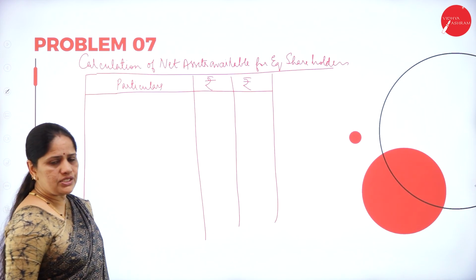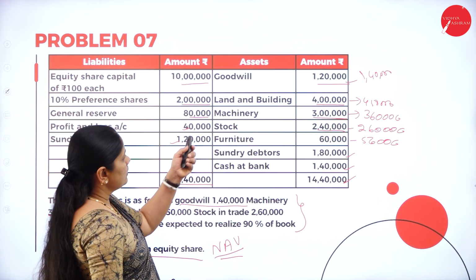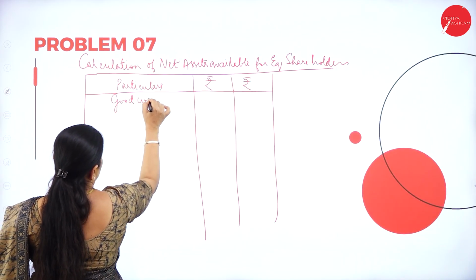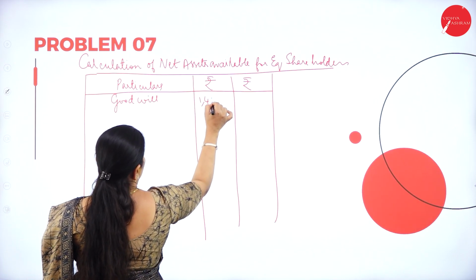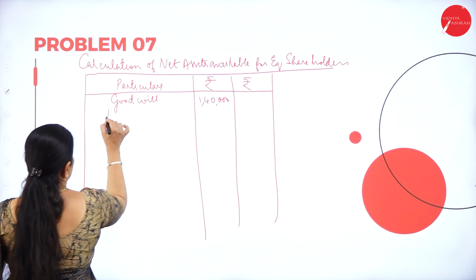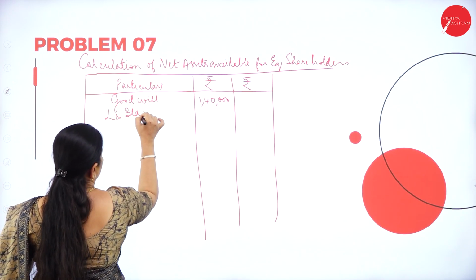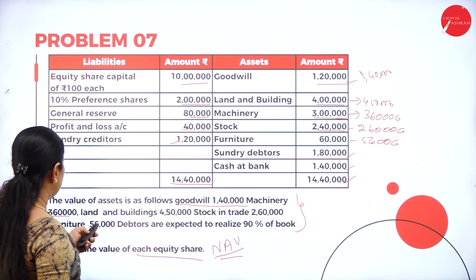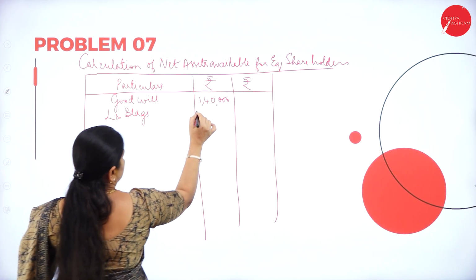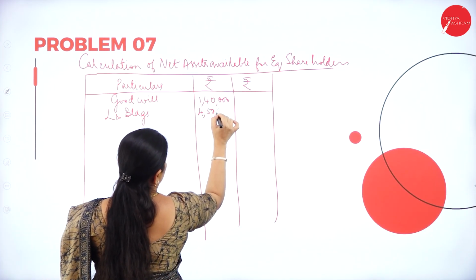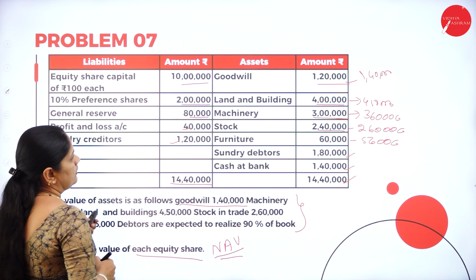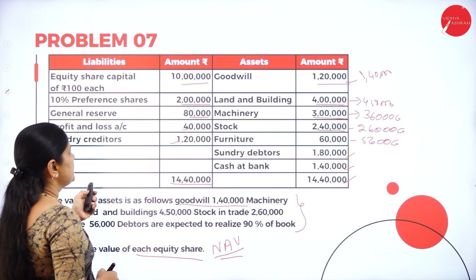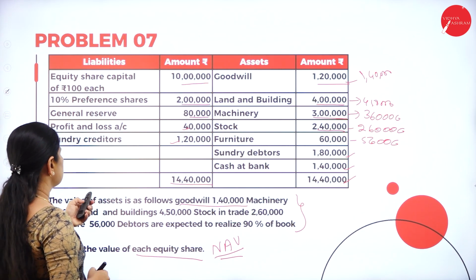So, we take into consideration all the assets given. So, goodwill, we will write goodwill 1,40,000. Then land and buildings is 4,50,000. Next, we have machinery, stock, furniture, sundry debtors. Machinery value is 3,60,000.